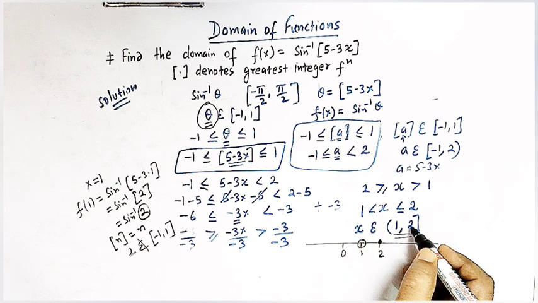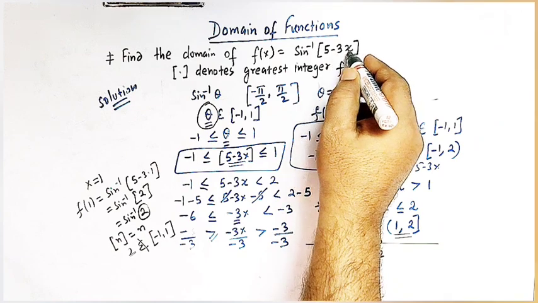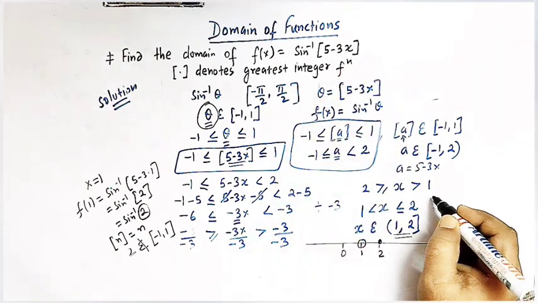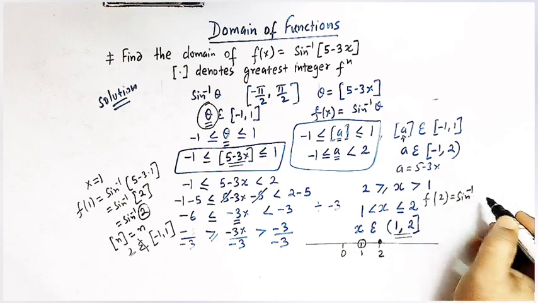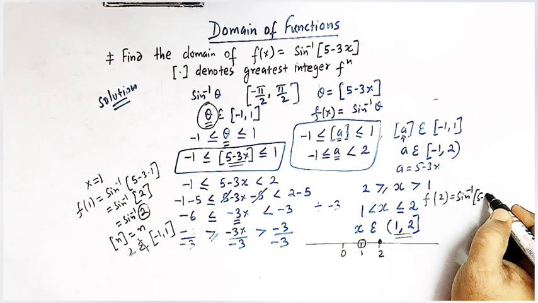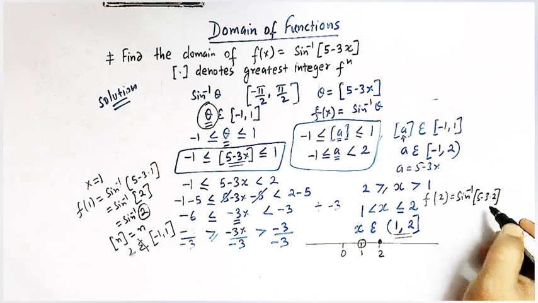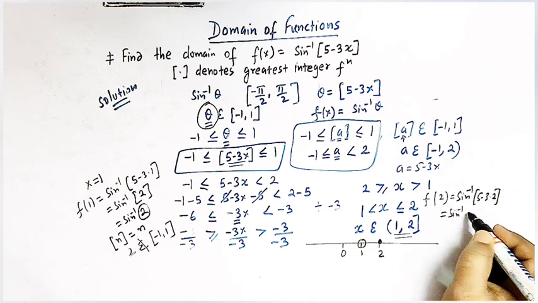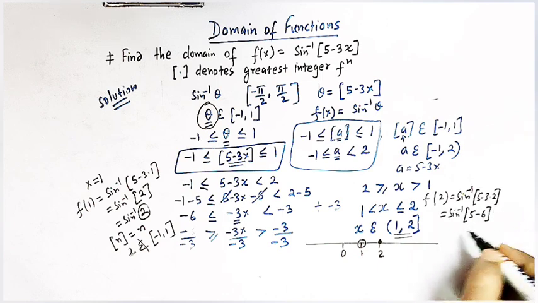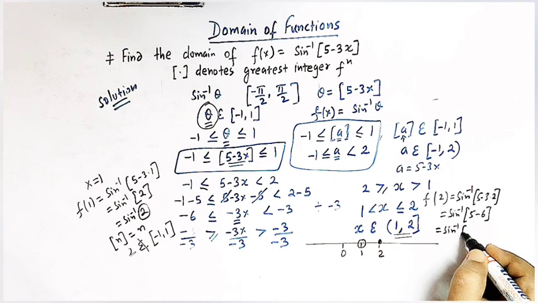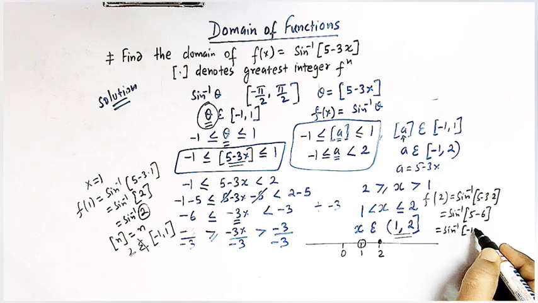But 2 is included, because if we take x is equal to 2, then we have f of 2 is equal to sine inverse of 5 minus 3 times 2. So this is sine inverse, and 5 minus 3 times 2 is 6. So we have sine inverse, greatest integer of 5 minus 6 is greatest integer of minus 1.